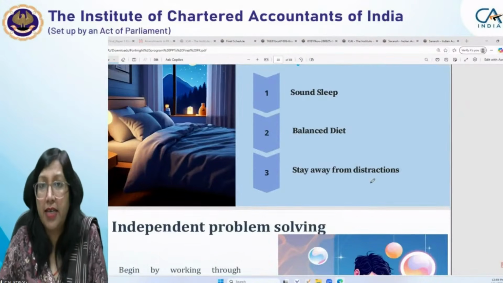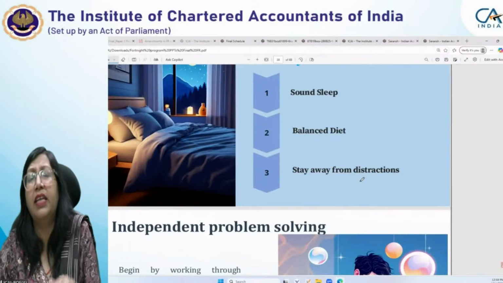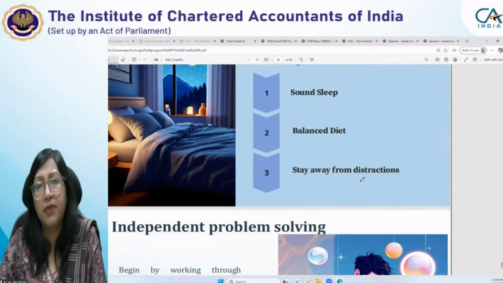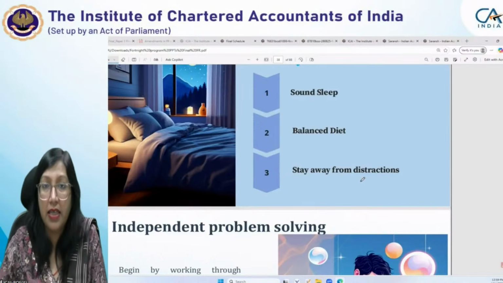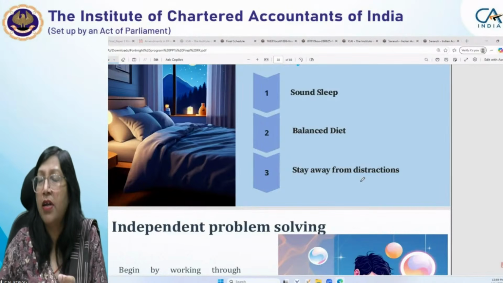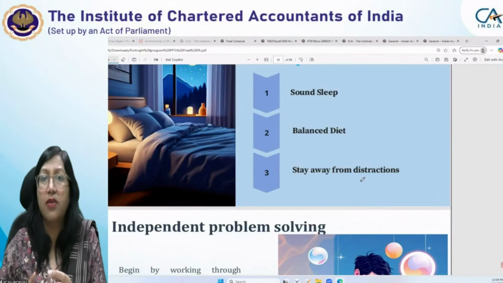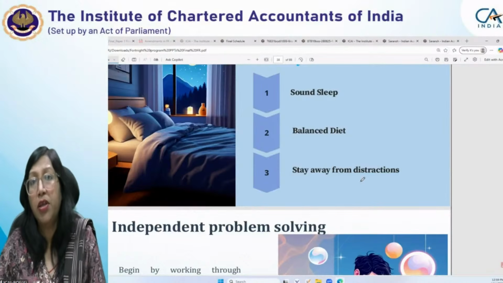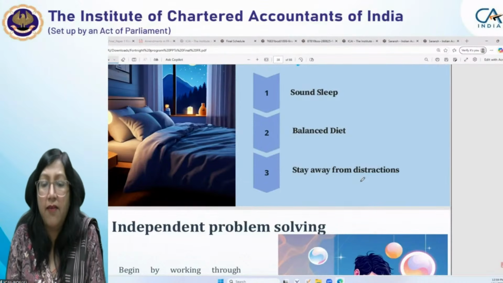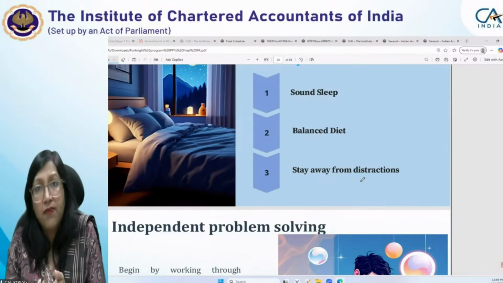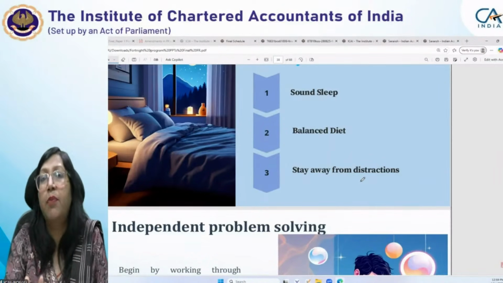Stay away from distractions. Everybody in every profession where guidance is provided always says stay away from distractions. Distractions are social media, WhatsApp, your Instagram, your Twitter, your LinkedIn, whatever you are using, just stay away from it. In fact, my sincere advice is that discuss with your friends only when they are positive.